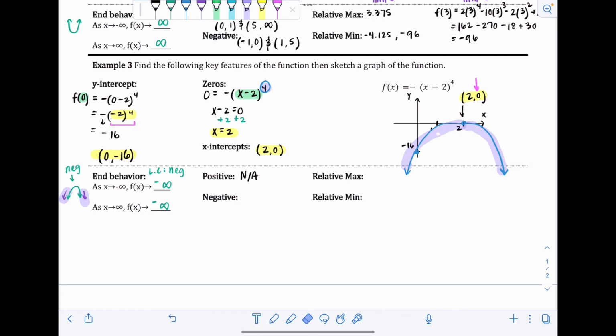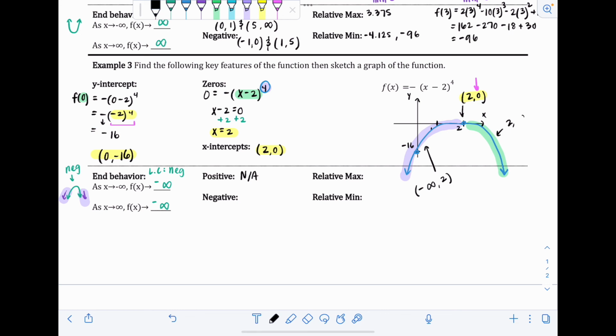So it's negative from here to here, and then at (2, 0), it's not negative, it's 0. And then we have to write this as a separate section. So this left side is negative until we get to 2. So negative infinity to positive 2. And then this side over here starts being negative again after 2, and then everywhere to the right.